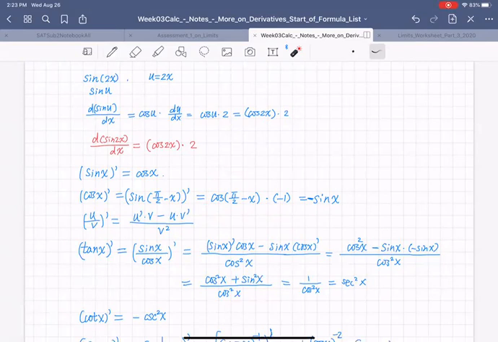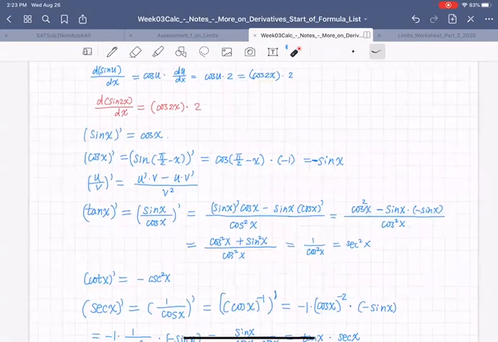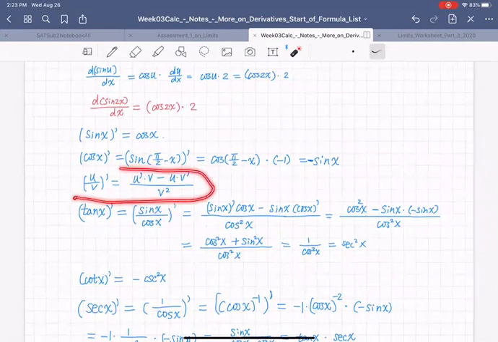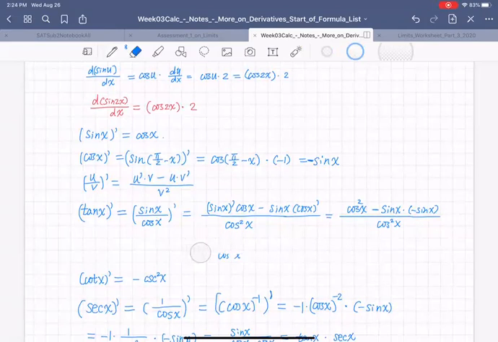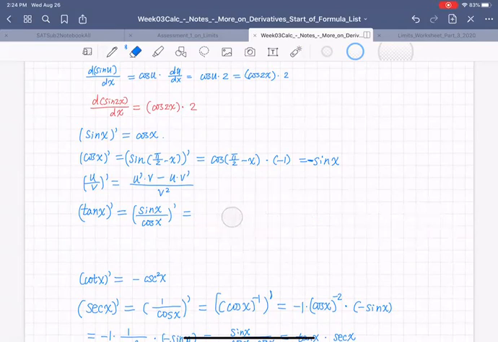Now, this is the quotient rule that I put down here. I want to challenge you a little bit. I want to see if you are able to use the quotient rule and also the chain rule.